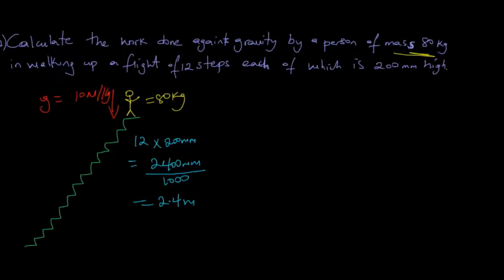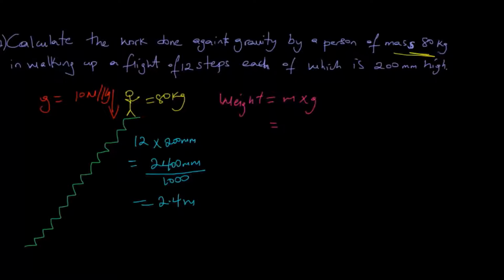Now we know the person has mass and the person moved against gravity. So since the person has mass and they're under the influence of gravity, it is true then that the person would have weight, and we can say that weight is equal to mass times gravity.